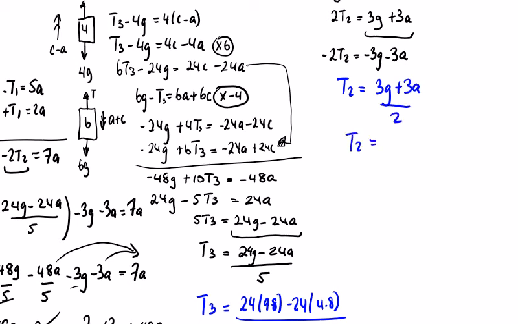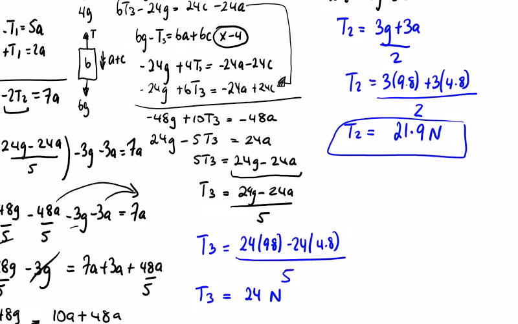So T2 is equal to 3 by 9.8 plus 3 by 4.8, divided by 2. Typing that into a calculator, it comes out as 21.9 newtons.